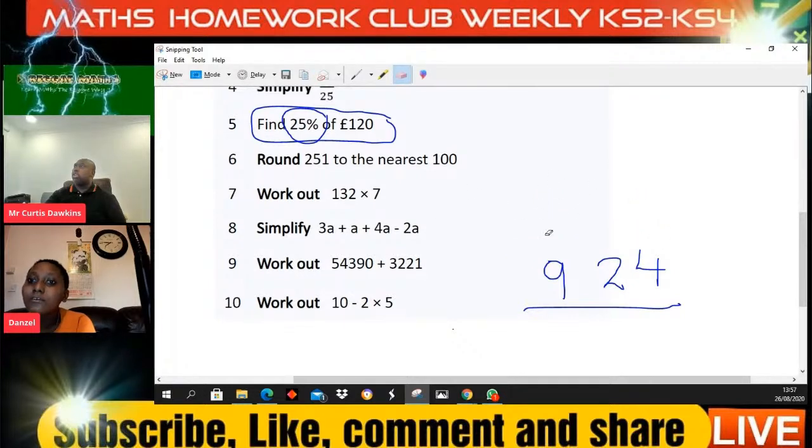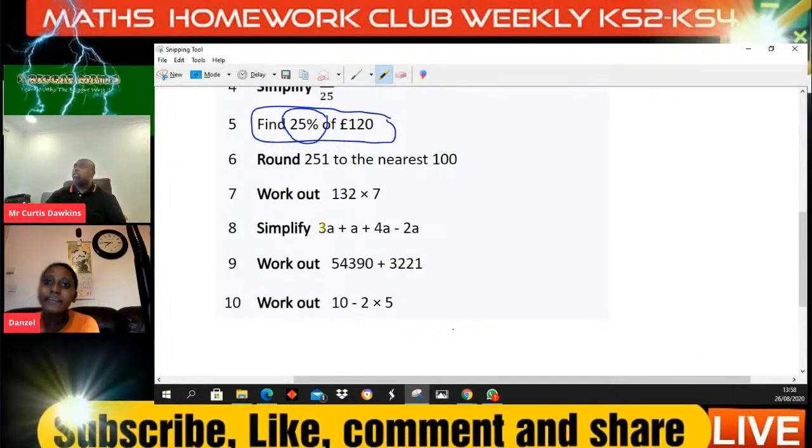Not going to tell you this one. Remember how I explained this to you yesterday? 3A add A is 4A. 3A plus 1A is 4A, Denzel. 4A plus 4A.